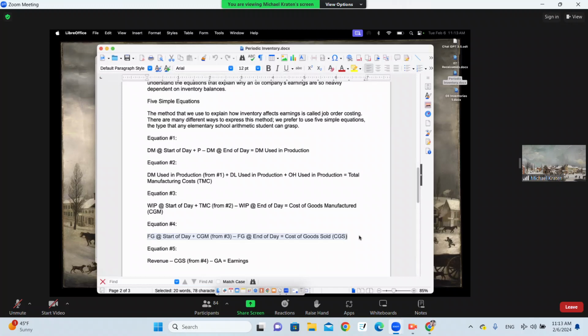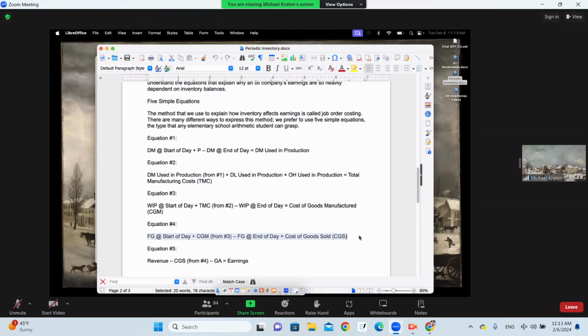Then we're going to start selling the new goods that we are finishing today, which is cost of goods manufactured. Cost of goods manufactured is the value of the goods that we are finishing for the first time today. Okay, take half a step back.